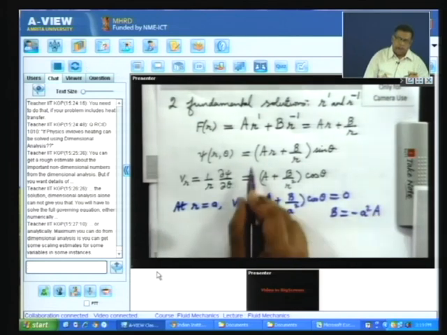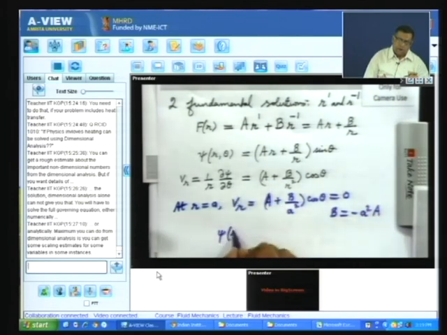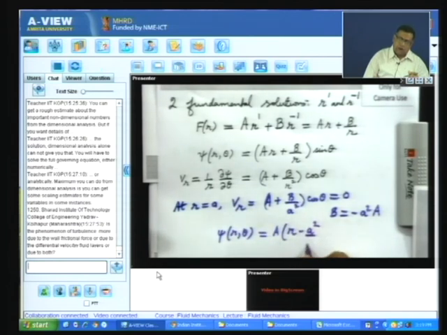So, I can write psi of r, theta by factoring out the A: A into r minus a squared by r, into sin theta.